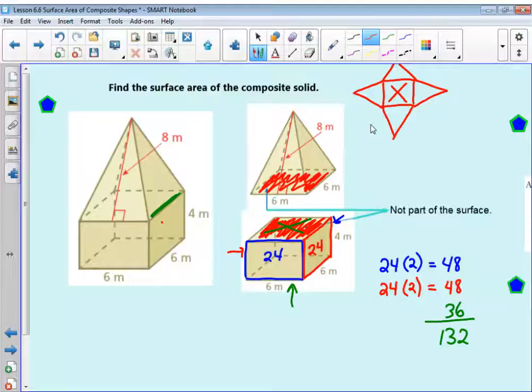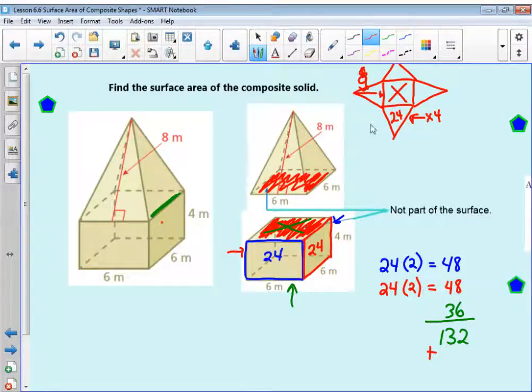Our dimensions on our triangles are 6, and then going up is 8. Remember, it's a triangle, so 6, whoops, I wrote a 6 instead of an 8. So 6 times 8 is 48, divided by 2 gives us 24 for each of these. And we have 4 triangles. So 24 times 4 is going to give me 96. So for my pyramid, I have 96.